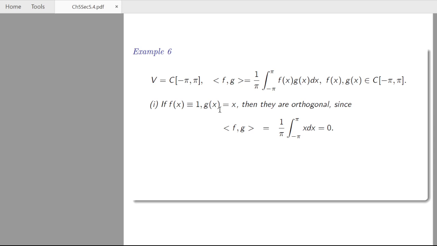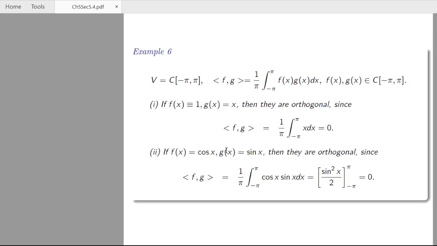We can say these two functions are orthogonal to each other based on the inner product, because the inner product between f and g equals 1 over pi times the integral from negative pi to pi, substituting f of x by 1 and g of x by x, so we get x. And this integral equals 0. That means the inner product between f and g equals 0. By definition, these two functions are orthogonal.